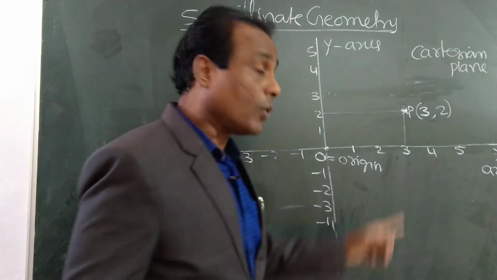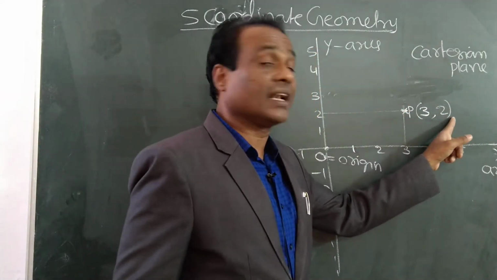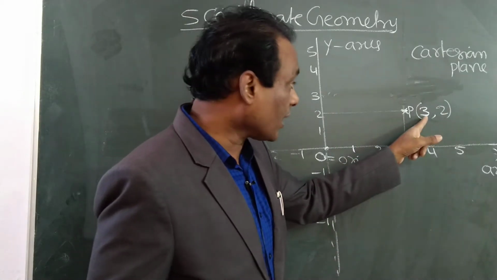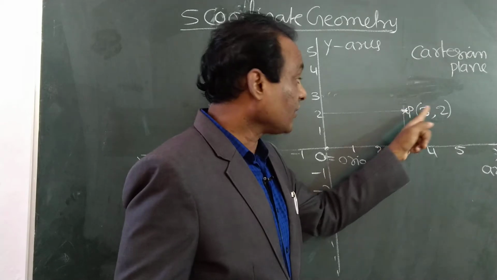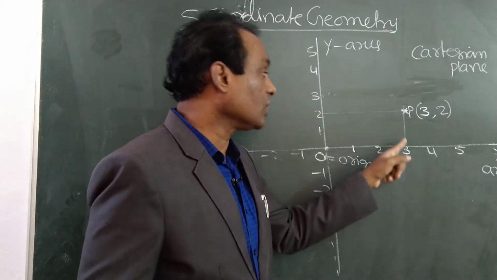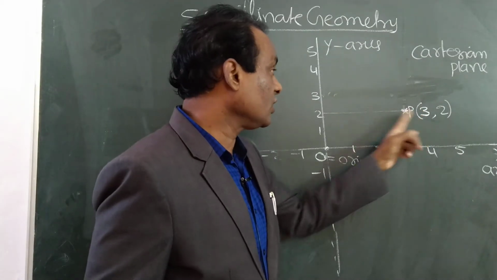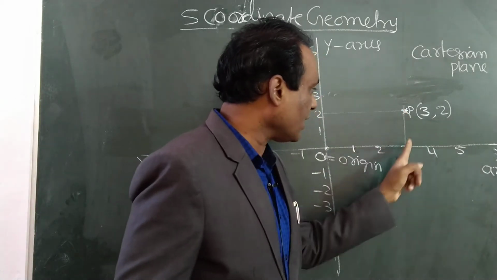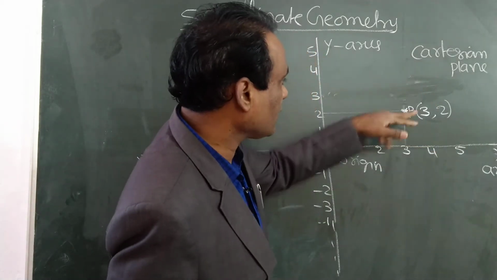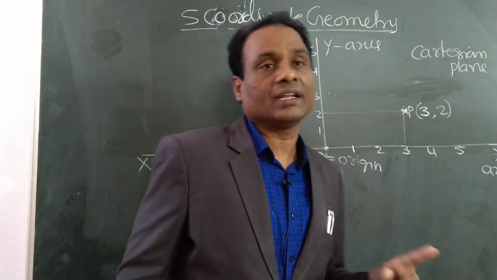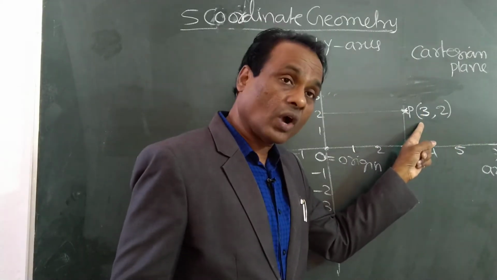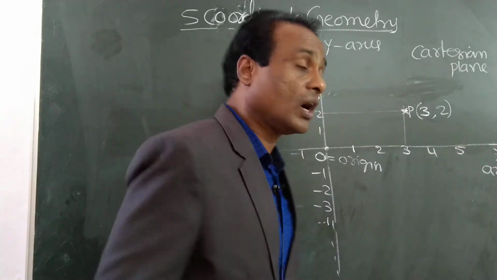That means a point is located by two coordinates, two values. One represents the x value, the horizontal distance. The second represents the y value, the vertical distance. So the distance from the y-axis is the x value, and the distance from the x-axis is the y value. Any point is represented by two coordinates: the first is called the x coordinate, the second is called the y coordinate.